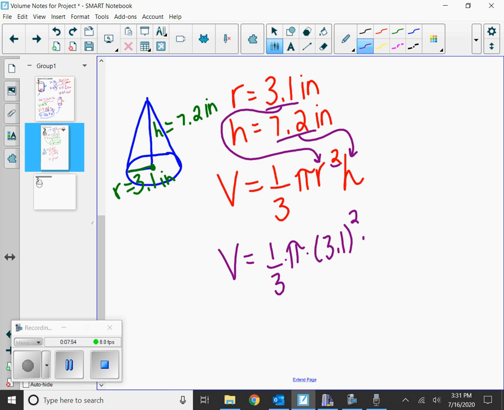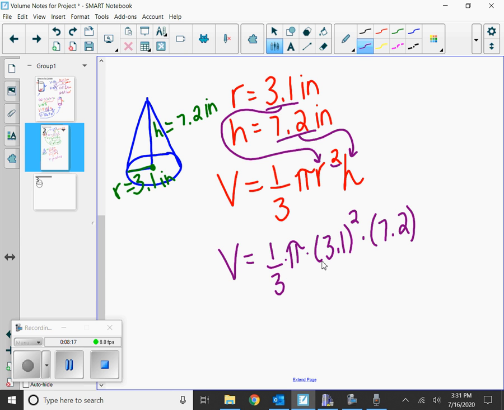Times our height, which is 7.2. And again, it's got a decimal there as well, so I'm going to go ahead and put that 7.2 in parentheses. It doesn't change the value of our equation, it just makes it a little bit clearer to look at and understand. Okay, so now everything on the right side is complete.